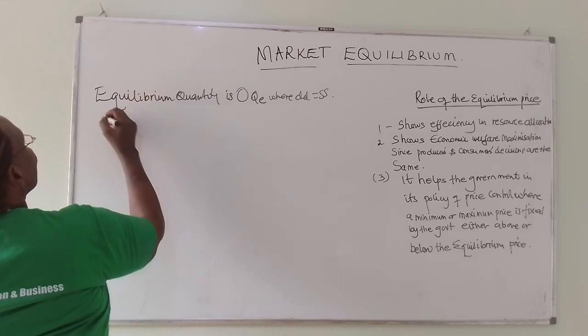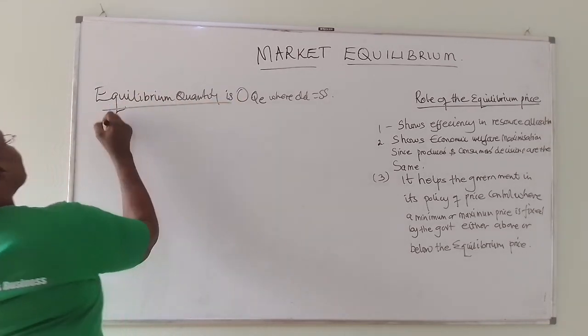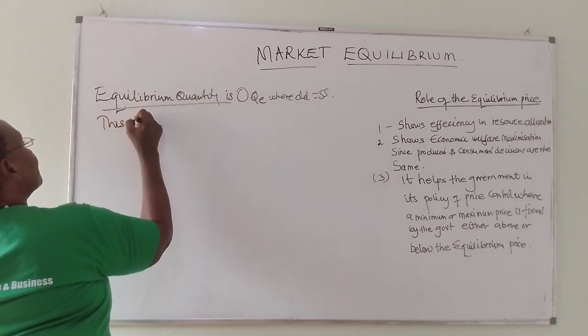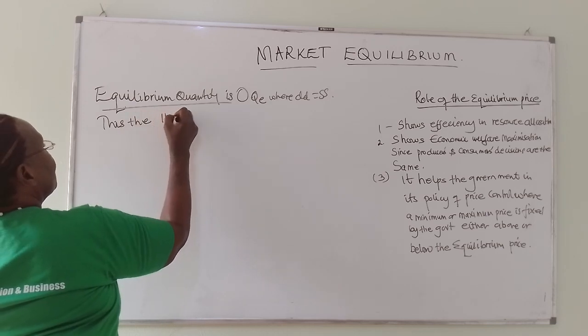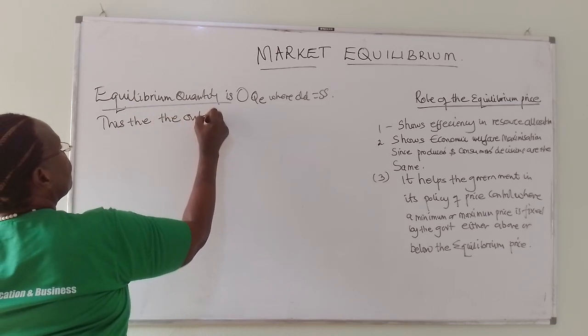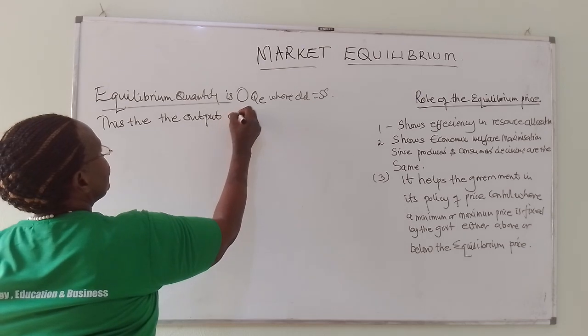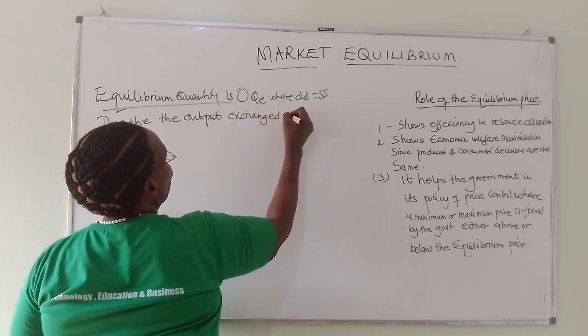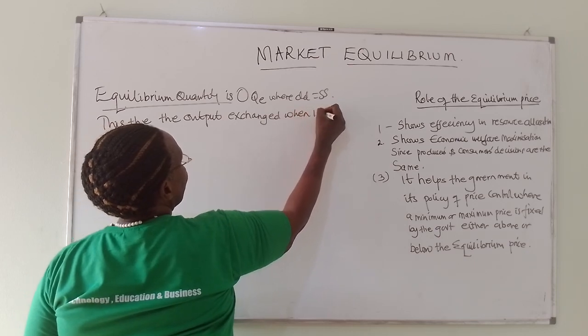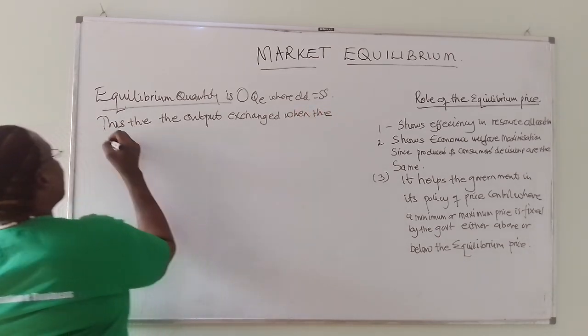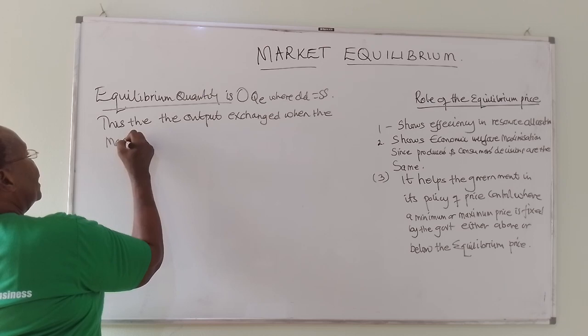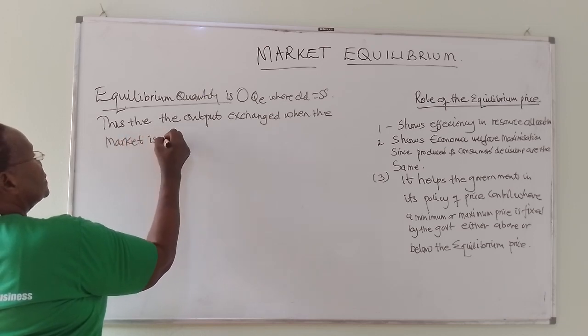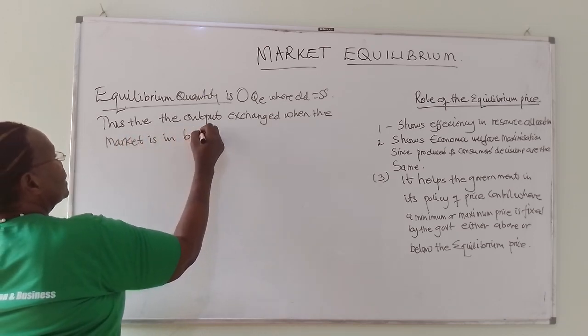Equilibrium quantity is the output exchanged when the market is in balance.